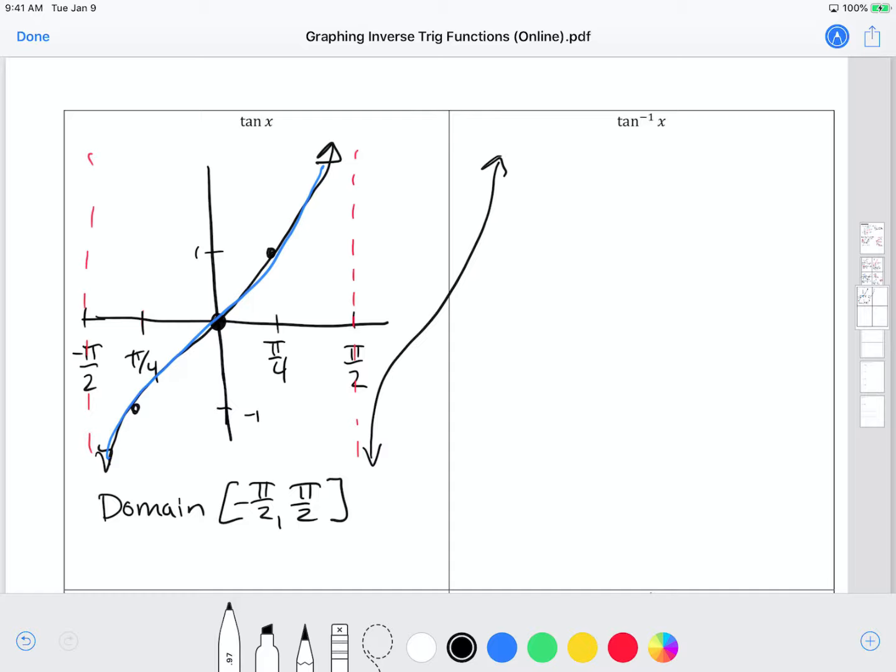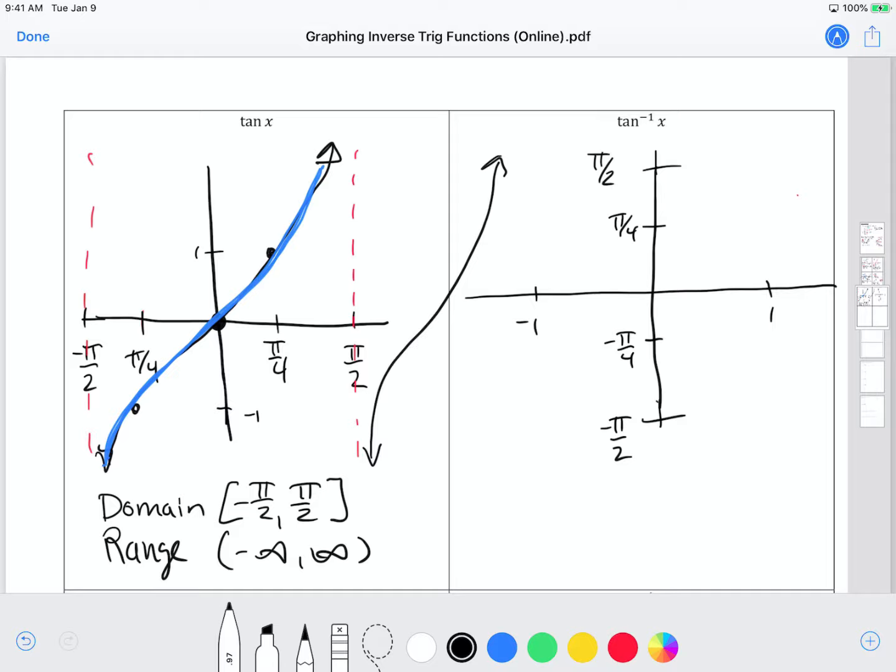That way we get a 1 to 1 function. So when we take the inverse of that, we get an inverse that is also a function. The range, of course, would be minus infinity to infinity. So we're only keeping this part that's in blue when we restrict the domain.